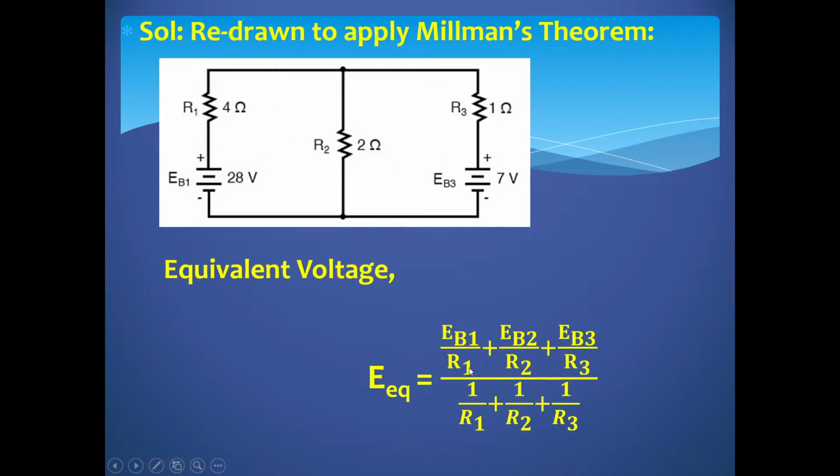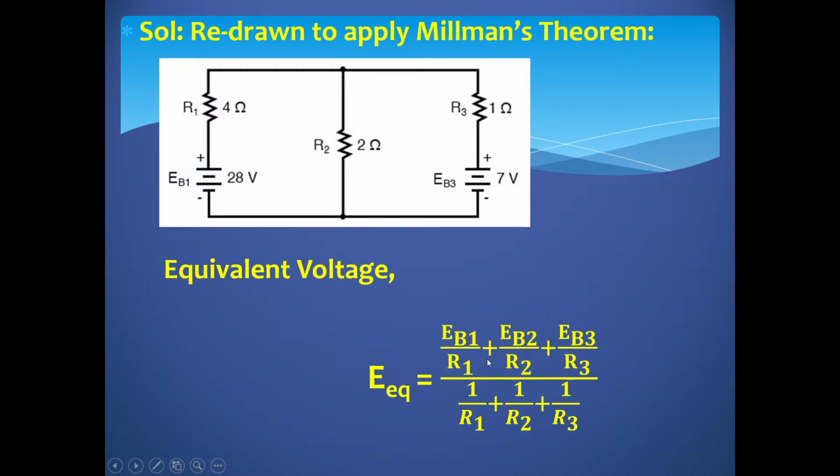So EB1 by R1 plus EB2 by R2 plus EB3 by R3. Of course, EB2 is not there in the given circuit, but we are writing it because we have to satisfy the formula given by Millman's theorem. According to that formula, we have to simplify. We don't have any other option. So even though EB2 is not there, you just write it down. Later on, we can substitute 0 there.